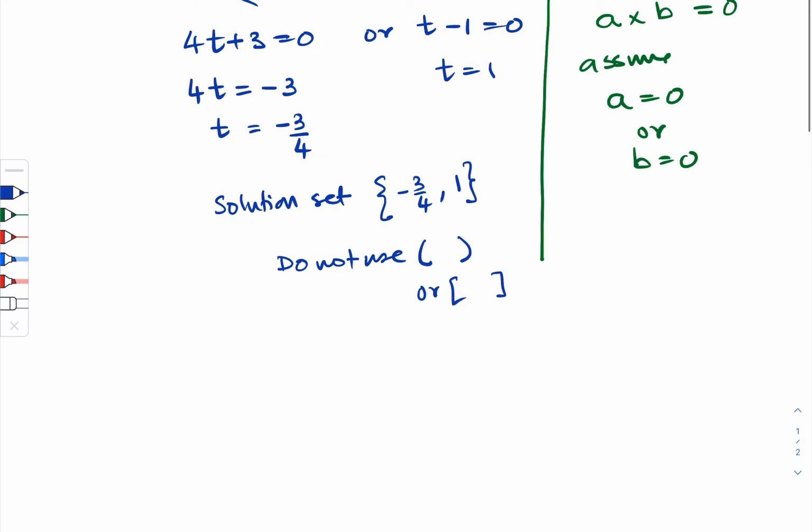Okay, let's take a look at another one. Say you're given x times 2x minus 5 is equal to 0. Go ahead, try to do this one yourself, so pause the video, and then we'll unpause and look at the solution. All right, so here again, we're going to separate it because two numbers, you multiply them together, you get 0, right?